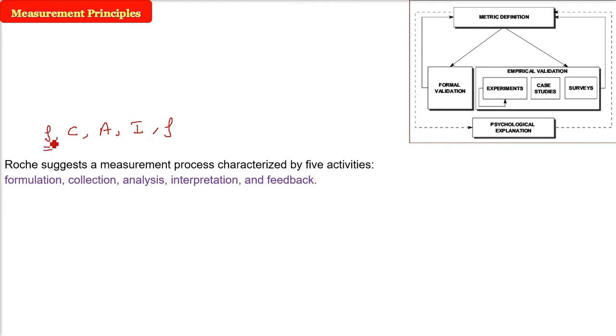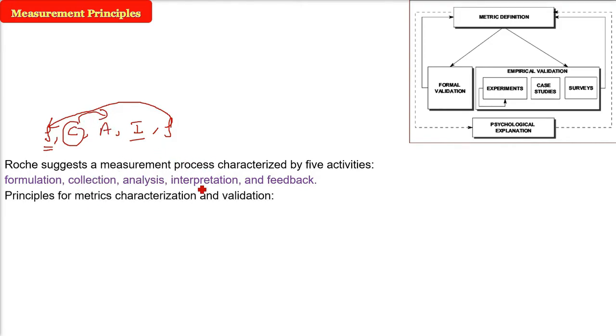First, formulation is what we want to do. Then we will collect the information or the data. Then we will try to analyze what we can do with this, in which way we can use it. Then we interpret, that is in a quantitative way, and then we will give the feedback to the people who are concerned.